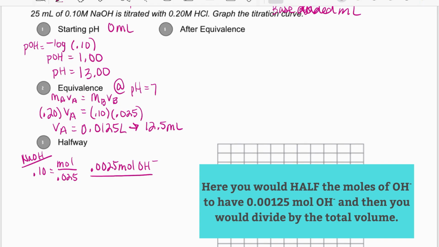At halfway, it would be half of 12.5. So I've added 6.25 milliliters of acid. So my starting volume of my base was 0.025 plus the added 0.00625 liters of acid. I'm going to get a concentration of 0.04 molarity of hydroxide.